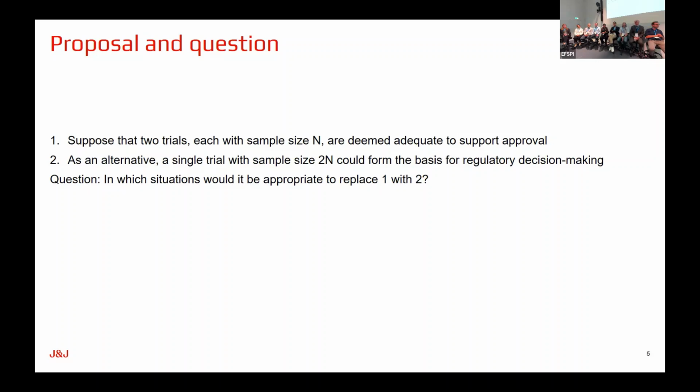So as for me, and I think for many CHMP members, but I will speak for myself, I think the replication of some sort is the key. And it's even better if the trials are in some sense independent, because that gives you some kind of comfort that this is not really a specific thing that might be biased, because we see the same thing in a different setting.